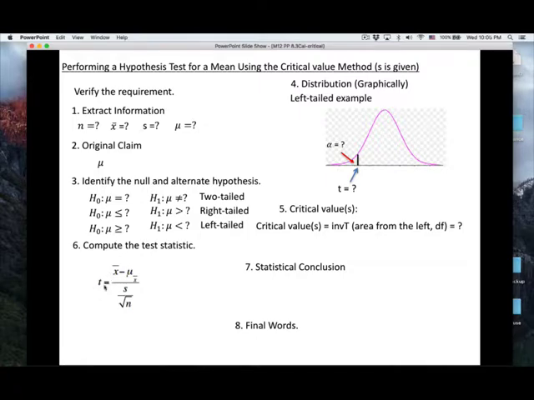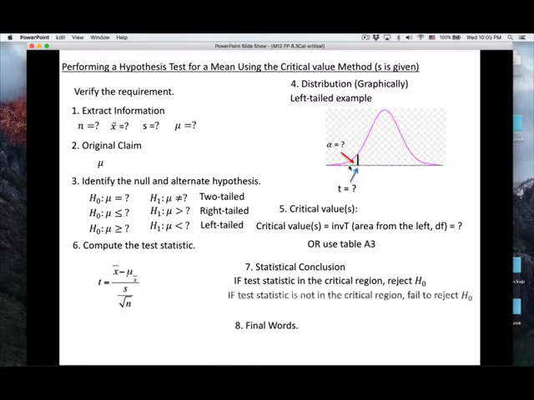Look at this picture here: where is your test statistic located? If your test statistic is in the critical region, like this part, then that will be reject. If your test statistic is not in the critical region, like here, that will be fail to reject. Okay, conclusion, same idea: 1, 2, 3, 4, conclusion.